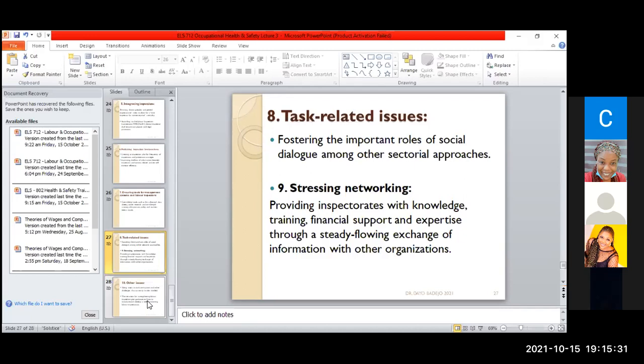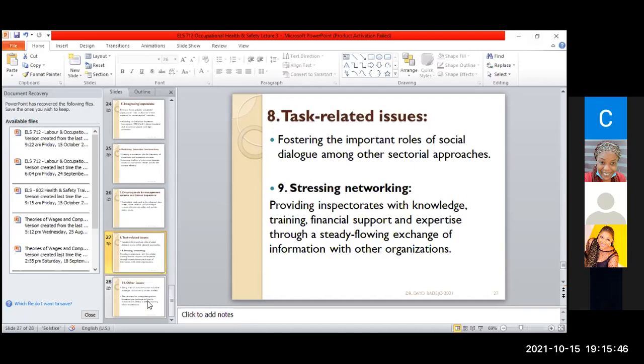Again, number 9 is stressing networking. As I said earlier, when there's relationship, there's an integrated system, there's need to really stress this networking. Work from all the angles.